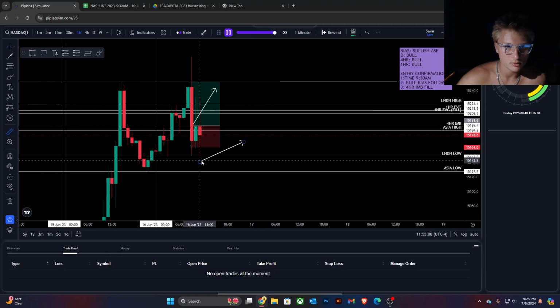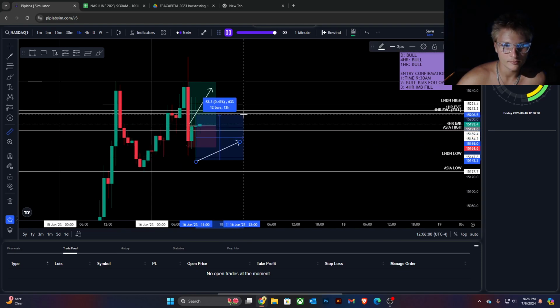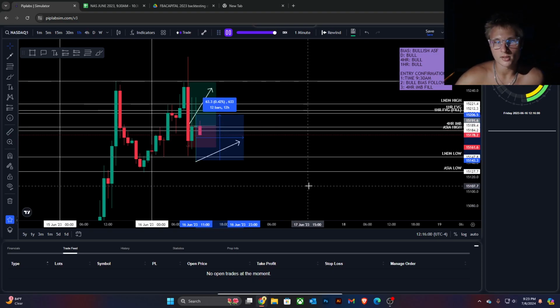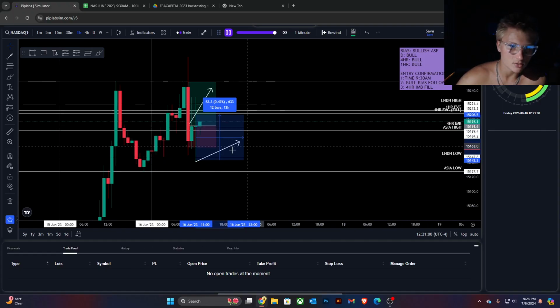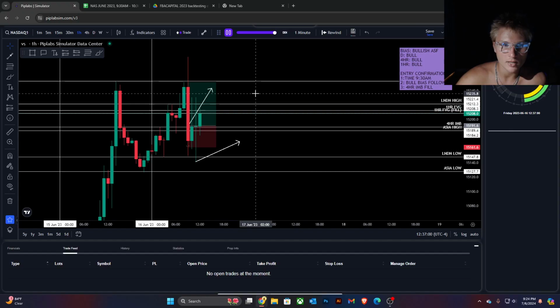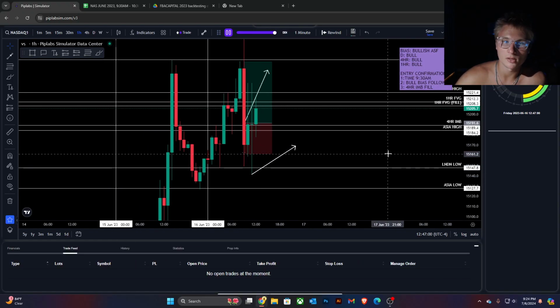Let's see how many points price is moving. I'm just going to keep note of whether this would have been a potential false breakout setup, if it would have made sense or not. So yeah, that would be a potential setup right there, just a false breakout of the London low.